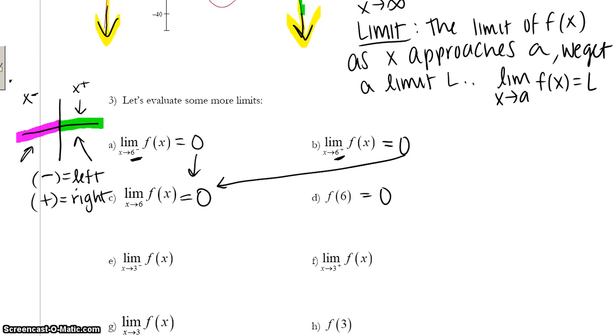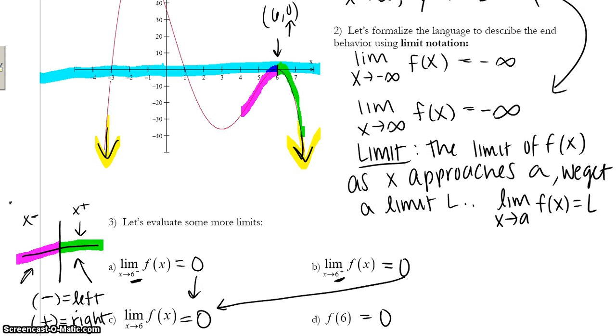Now let's take a look at our next one. The limit as x approaches 3 from the left side, f of x equals what? So let's take a look at that. So as our graph approaches 3 from our left side, we get, let's see, this looks about, let's call that negative 35.